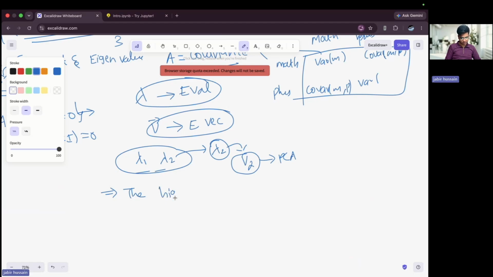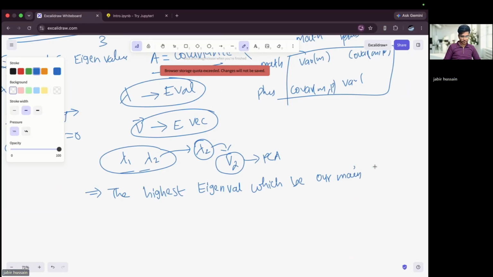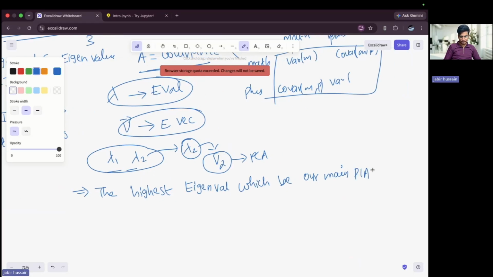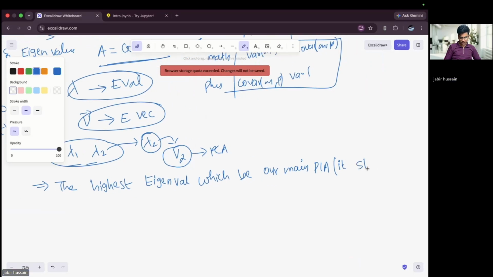The highest eigenvalue will be our main PCA line. Why? Because it stores most of the information.